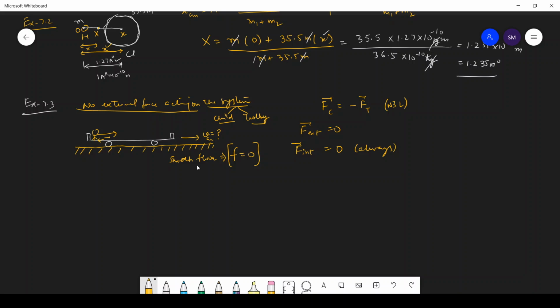F external is already given, there is no friction and no other force, so net external force is 0. There will be no change in the velocity of the center of mass. Even if the child is running here and there, there is no impact on the velocity of the center of mass.